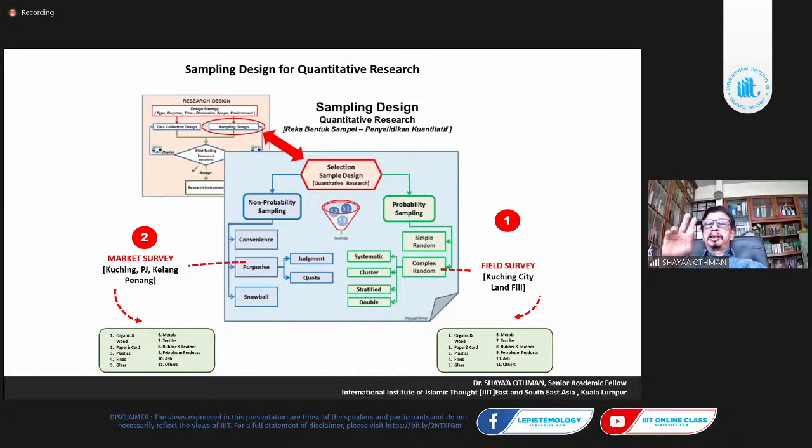Say you selected at random number 1 and number 5 road. For the whole number 5 road, however many the population, I would take every 10th house. And for number 1, the other chosen cluster, also every 10th one. So that is cluster plus systematic sampling.